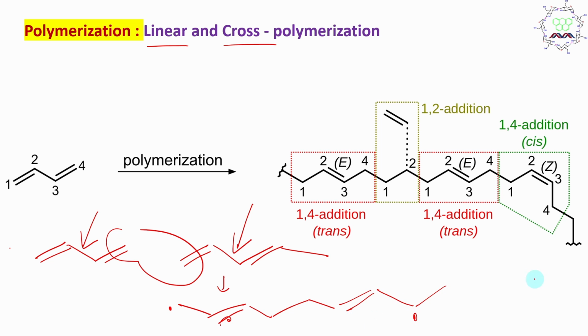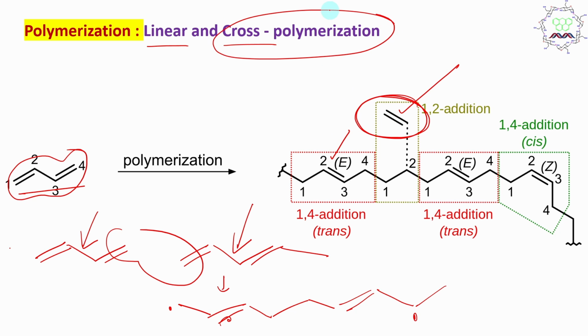In this way it will proceed, it will go on and ultimately it will be the polymer. Now sometimes these two double bonds do not directly participate: one butadiene two double bonds, another butadiene one double bond, so one double bond is left unreacted, and these unreacted double bonds could be utilized further for cross polymerization, and this helps to tune the properties of the polymer, like vulcanization, etc.